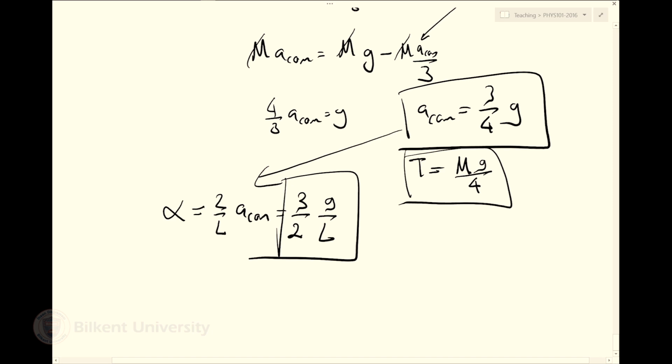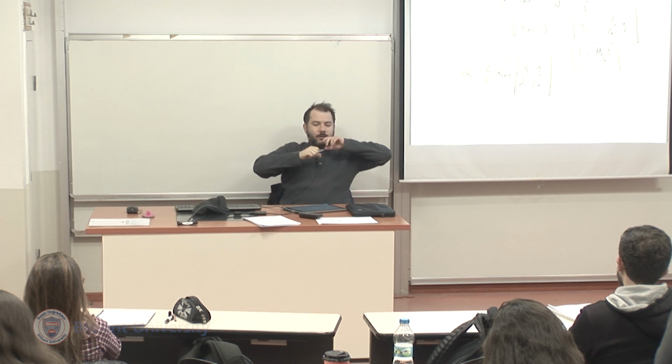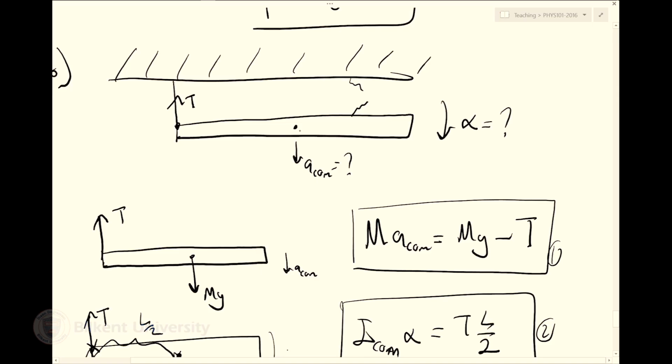Okay? Yes, question. You said that the point was stationary. Why does it have to be stationary? Okay, so here is my logic. Maybe I should explain it better. I'm saying that momentarily I have an acceleration down and an alpha, right?